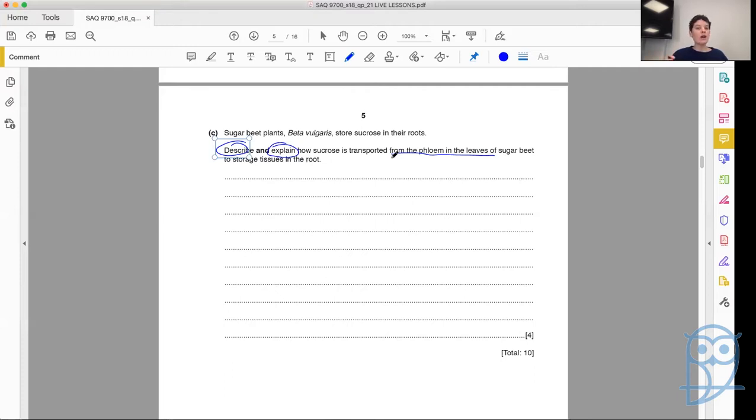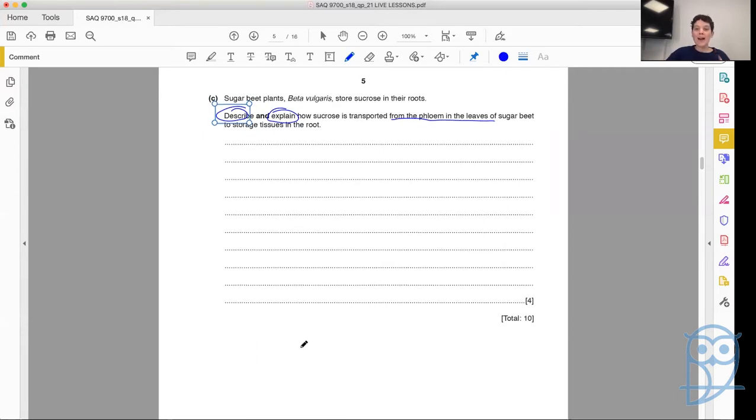Right, so we've now got to step through a few things here. Okay, so we are in the phloem. Well, where would we be in the phloem? To start with, we would be in the companion cell. So we've got to get from the companion cell to the sieve element. We've got to then build up pressure.